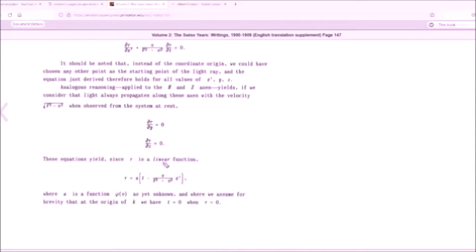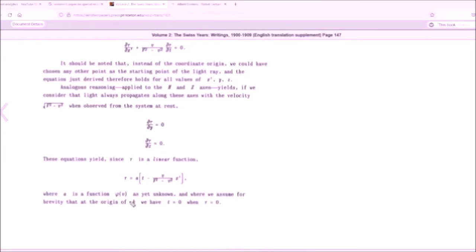since tau is a linear function, tau, the time in the moving frame, is some constant, some unknown function of the time in the rest frame minus a factor multiplied by the change in x, where a is a function of v as yet unknown.